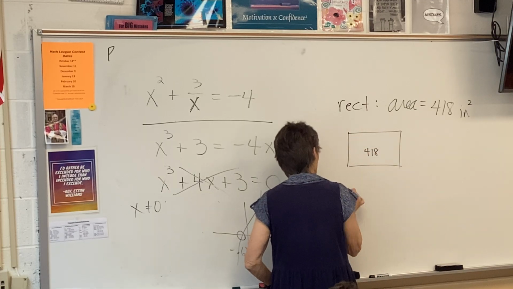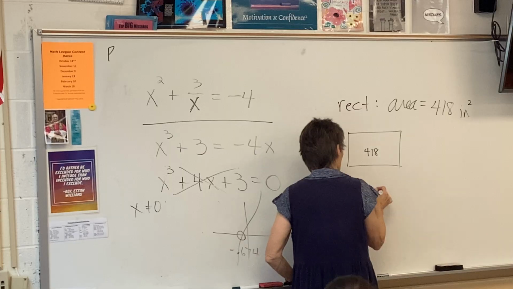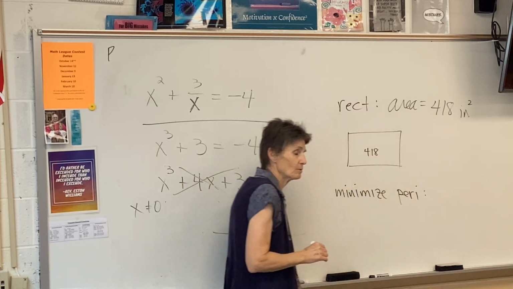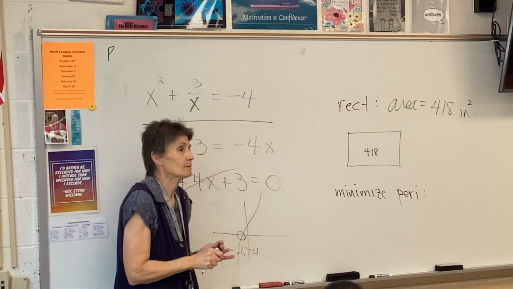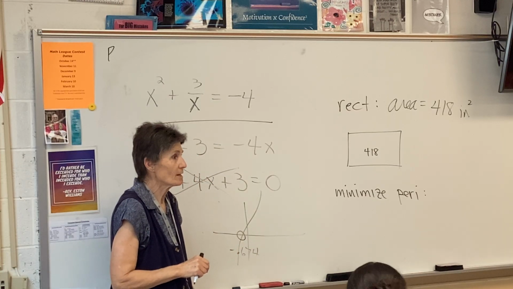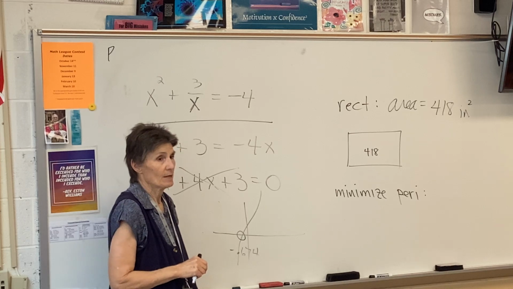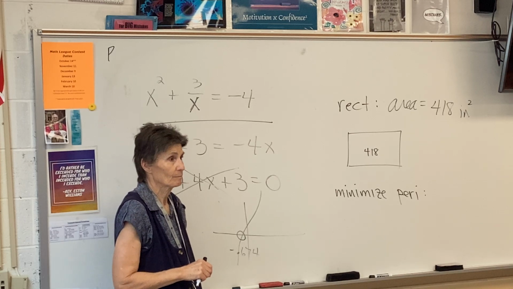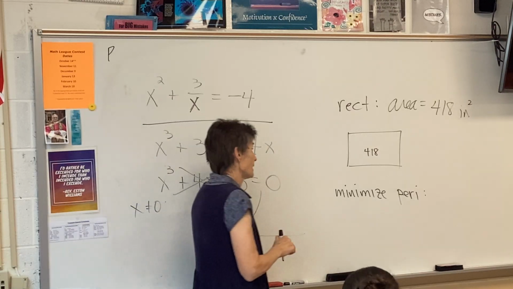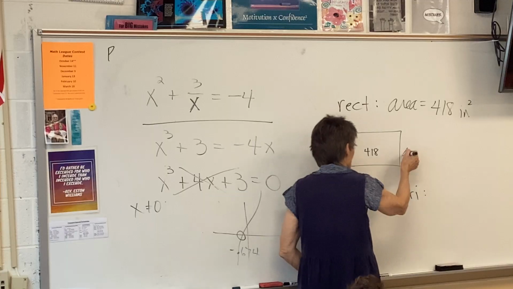And your job is to minimize the perimeter. We did this the other day. Does anybody remember how we did it? We did a problem just like this the other day. One of the sides is X. Actually, 2 of them are X, right?